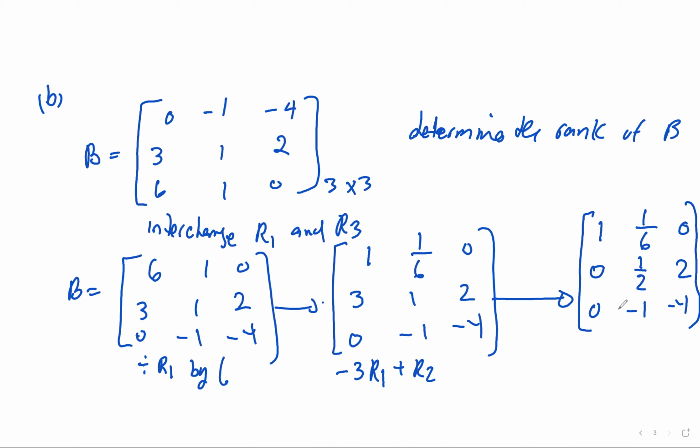The simple thing is that we can multiply row 2 by 2, and then add it to row 3. So you remember 1.5 and 2, and let's see what we get.